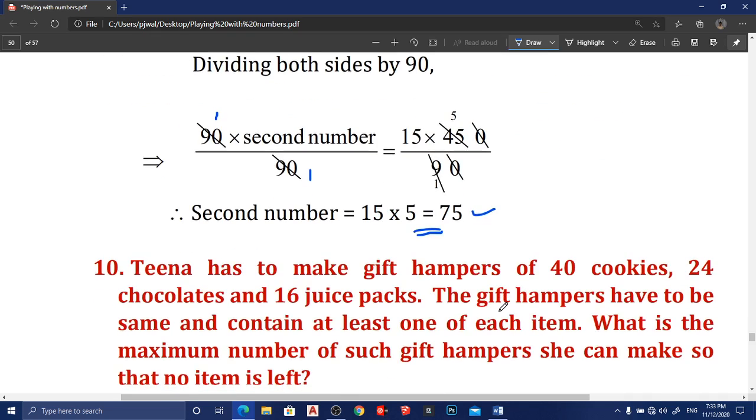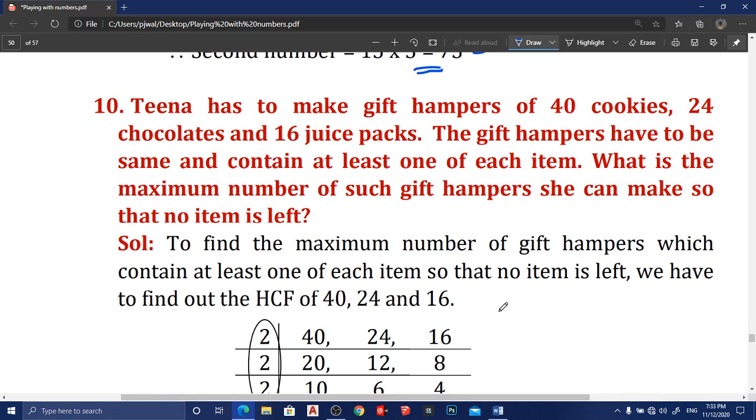So now I am going to the 10th one. Tina has to make gift hampers of 40 cookies, 24 chocolates and 16 juice packs.